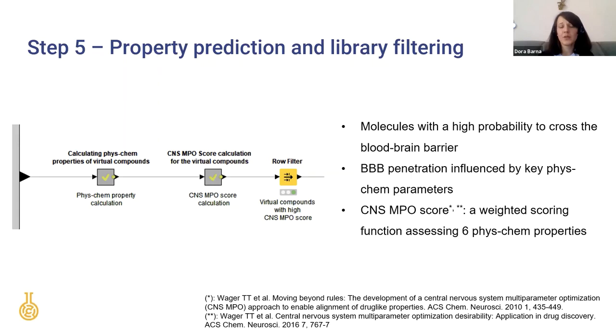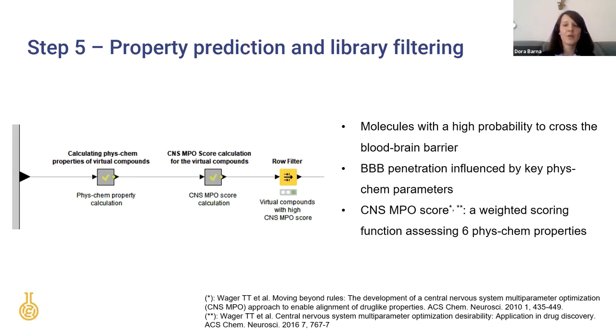And for this, we are going to use the CNS MPO score, which is a weighted scoring function that assesses 6 key physicochemical properties of the molecules. The CNS MPO score function was developed by Pfizer chemists who systematically analyzed the molecules which they were working on in their CNS related projects.